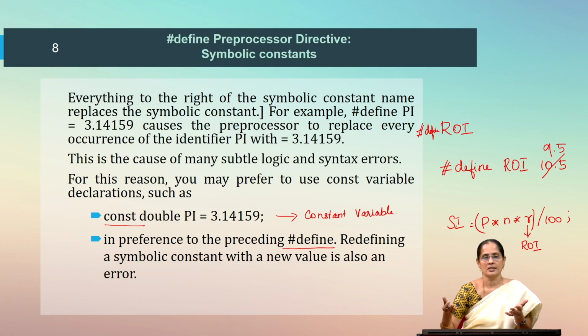So, in those cases we can go for defining constant type variables. The constant type variables will also do the same process, but they will follow the properties of a variable. So, for such applications it is preferable to go for const variable declarations.